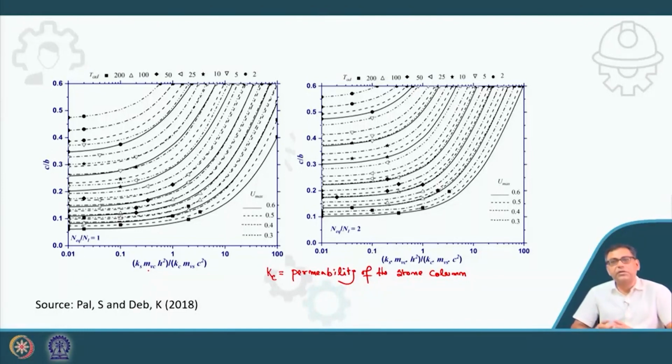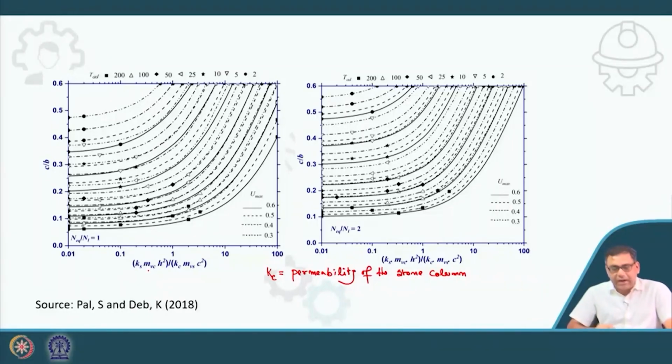This means we are considering compressibility, and compressibility means stiffness. A stiffer material is less compressible, so the stone column is stiffer than the surrounding soil, but less compressible than the surrounding soil. So this compressibility or stiffness effect is incorporated. Then Kc, the permeability of the stone column, is also incorporated in these design charts.